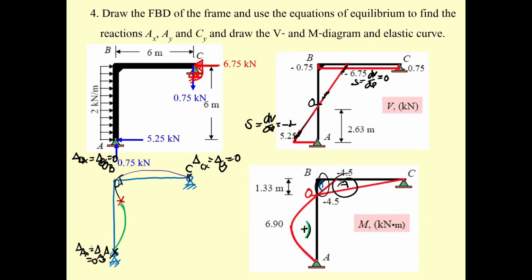Now, if you need more information, put in the tangent line and draw this one. This is going to be theta sub A. Then put the tangent line like this. You can see the slope theta sub B on the beam and on the column rotate in the same counterclockwise direction. And for theta sub C, you will have it in this direction.